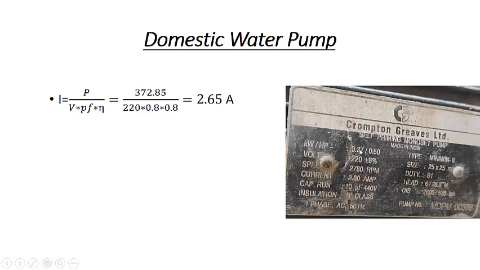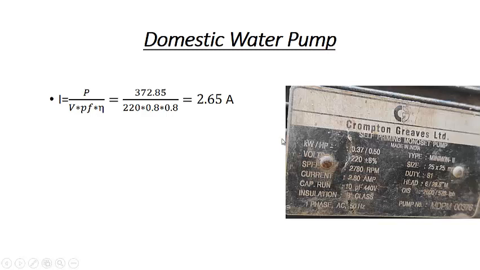But for most motors, you will not see the conversion. You will only see the horsepower rating, maybe 0.5, maybe 0.25, maybe 1. Its voltage is 220, and frequency is given. It is single phase AC 50 Hertz. This is the insulation class, which is something else. You don't have to go into that.